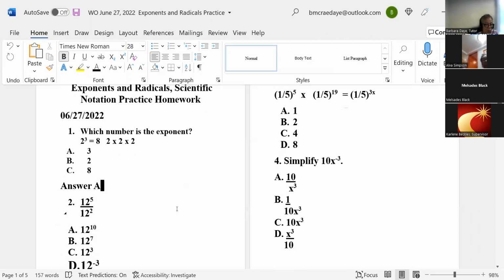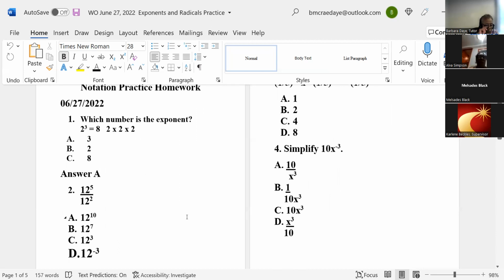Alva, number 2. Read number 2, Alva. Okay, let me pull it up, Miss Bond. No, I want you to read what it says in words.